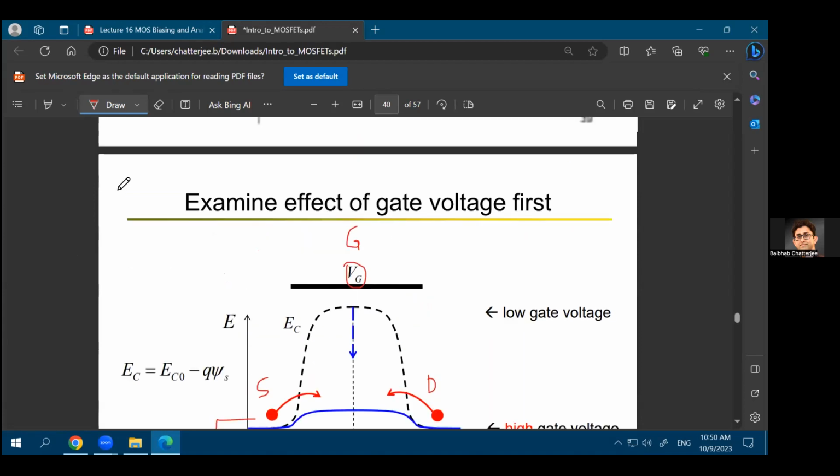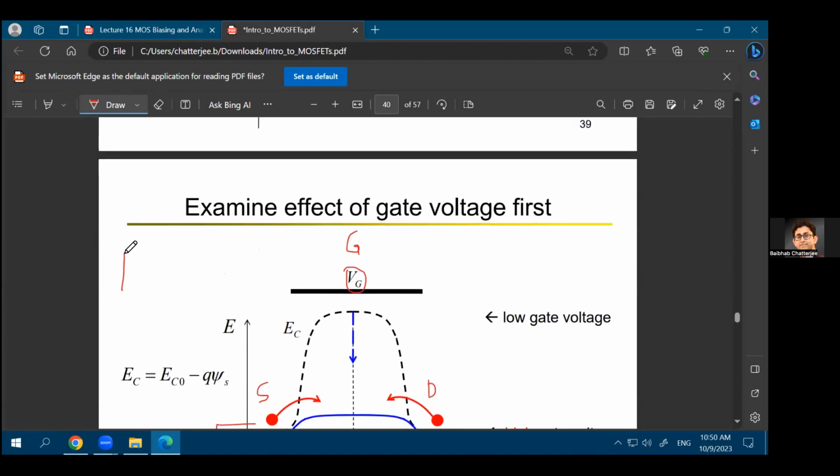So if you think about the MOSFET structure, you have the gate, oxide, and semiconductor. And also you have the N-type source and N-type drain. The body is P-type.